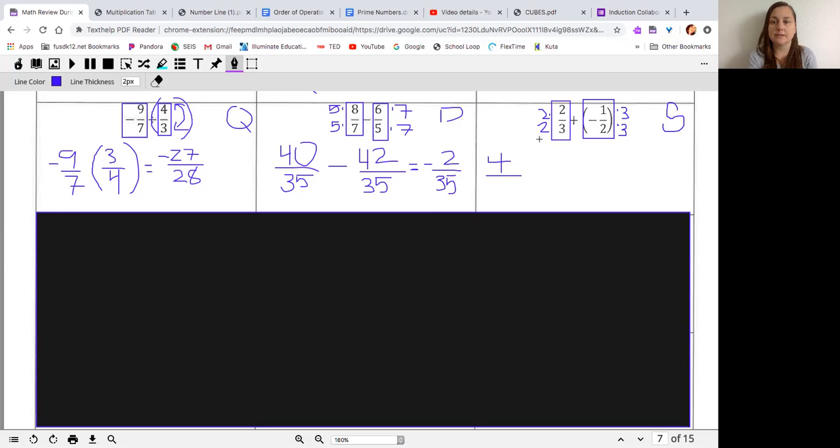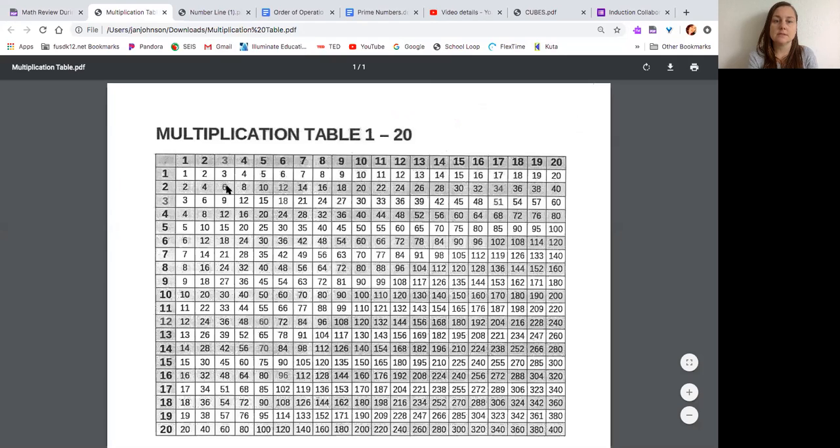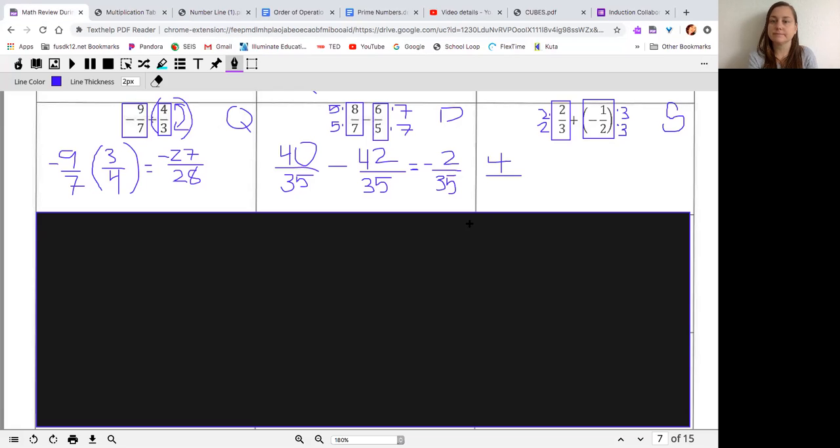We did that earlier, right? 2 times 3, 6. Notice how I'm checking a lot of my times numbers on my number line just to make sure that I'm doing it correctly. It's always best to check your work.